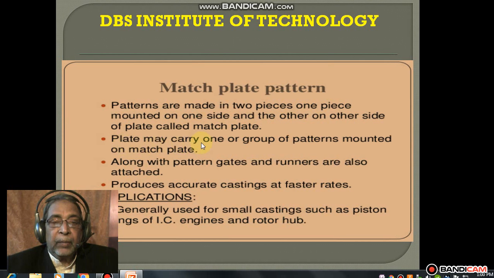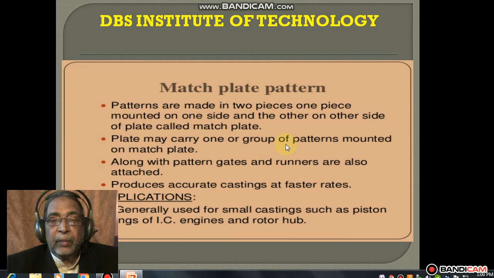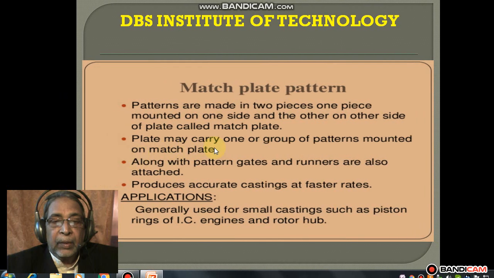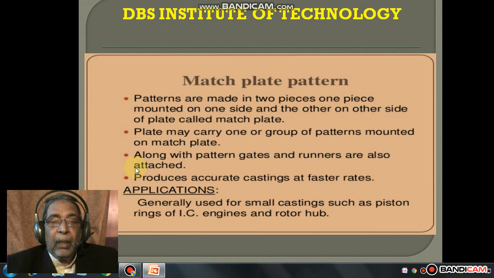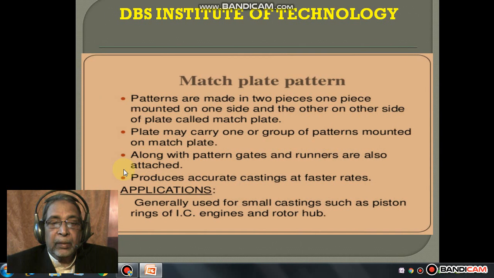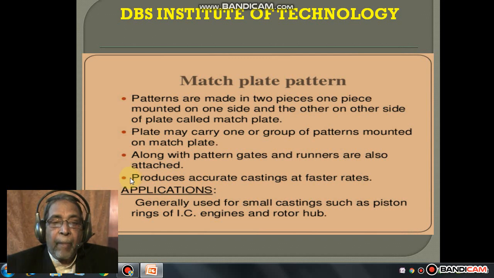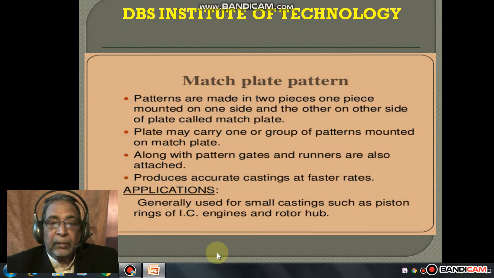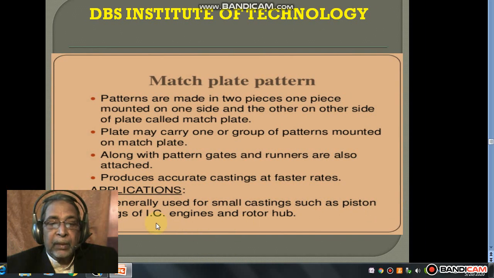This plate may carry one or a group of patterns mounted on it. Along with the pattern, gates and runners are also attached. It produces very accurate castings at faster rates. The application of the match plate pattern is that it is generally used for small castings such as piston rings for IC engines, and rotor hubs.